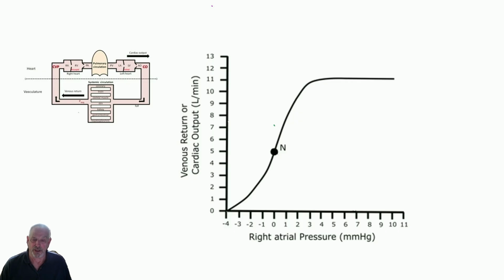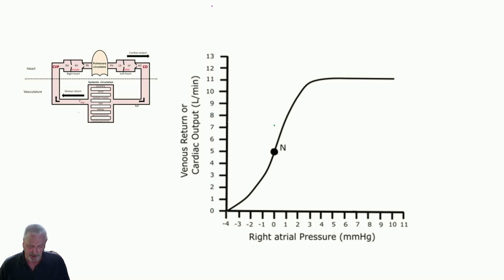Now let's take a look at the cardiac output curve per se and think a little bit more about what it is actually showing us. Again, as a reminder, the x-axis is right atrial pressure, so that's the forcing variable or the independent variable, and the dependent variable is cardiac output, how much blood flow you get.